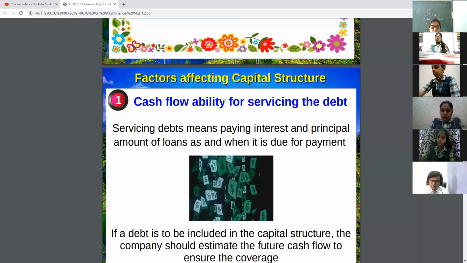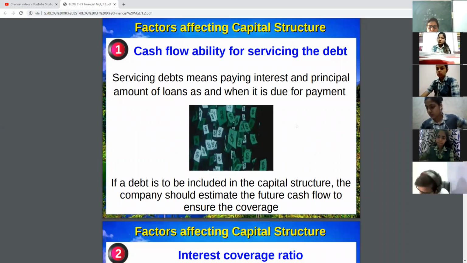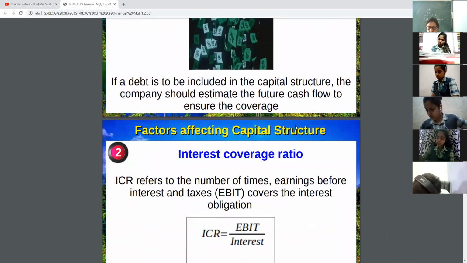First, cash flow ability for servicing the debt. If the company has a strong cash inflow, then they should choose debt to pay the interest regularly.